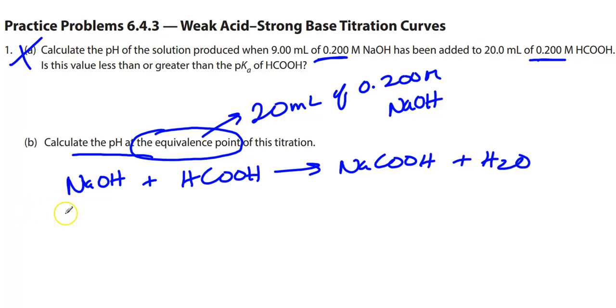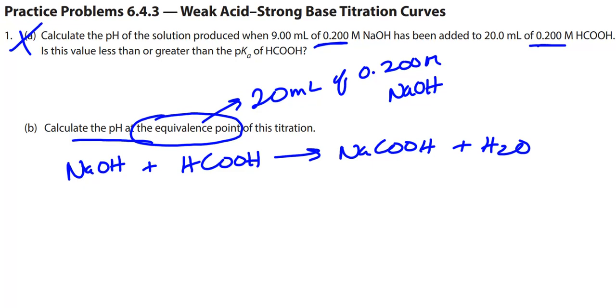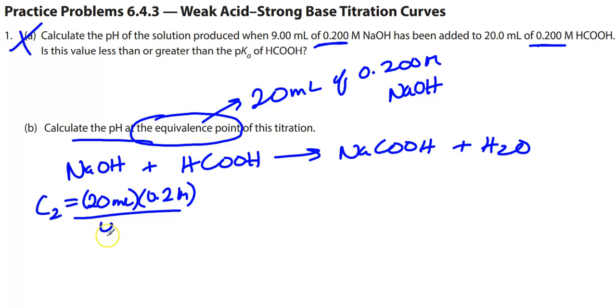So we still have to do the C2 business, right? So the C2 in this case now would be 20 mL times 0.2 over 40 mL, right? 0.2 divided by 40. Right, so it's going to be 0.1 moles per liter. And actually this is going to be the exact same because that's the whole point, that it has the same number of moles. Okay, so we start with 0 of this.